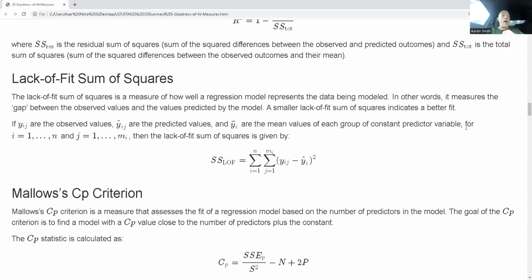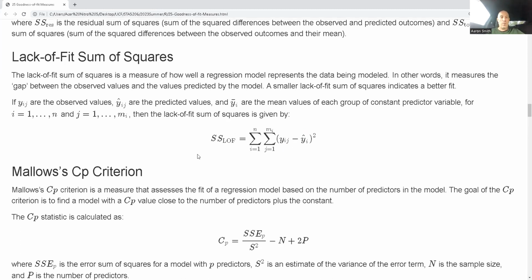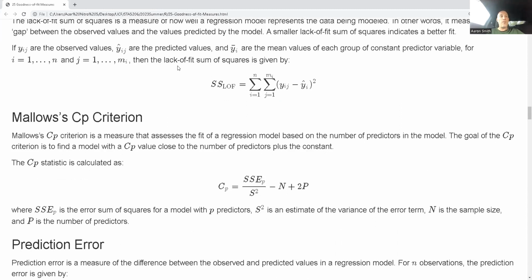If Yij are the observed data, Yij hat are the predicted values, and Yi bar is the mean of the values for that combination of predictor variables, then this is our lack of fit sum of squares. Actually, this should be that bar. I made a mistake. So the lack of fit, we should have the bar in here, by the way.